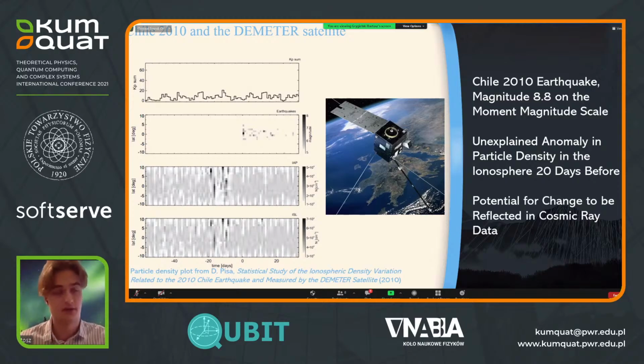As we later realized, it's not perfect because it was measured from higher up, so the shift is actually 25 days, as we found out.